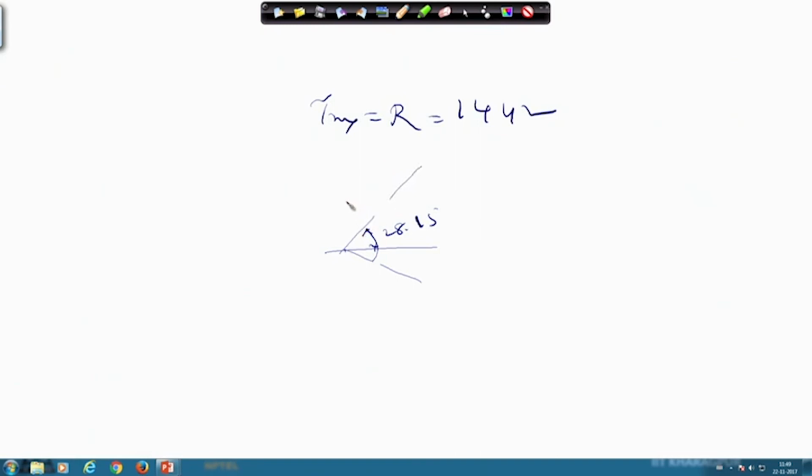So, on that direction I can complete the element, suppose this, and then on that element I can show the stresses. So, this stress magnitude was 4800.